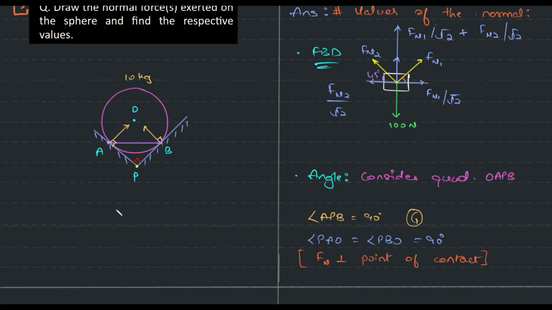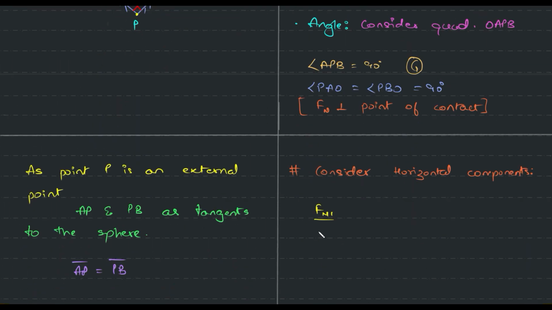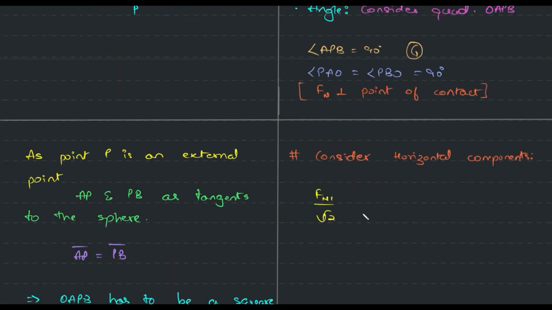So FN1 is equal to FN2. How can we prove that? So considering horizontal components, we have FN1 by root 2, that is to the right, minus FN2 by root 2 should be equal to 0.